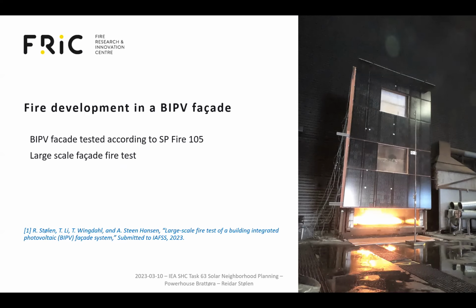It simulates an apartment with a fire flashover, where the flames extend out from this opening and expose the facade to a relatively severe heat load. Compared to the matchstick 20 millimeter flame, it's a completely different scale. So this was a BIPV system that we tested against this standard.